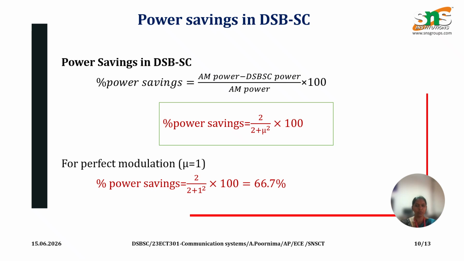When mu is equal to 1 for perfect modulation, the power saving will be around 66.7% in the case of DSBSC, but in the case of AM, this will be around 33% only. This way we can improve the power efficiency.